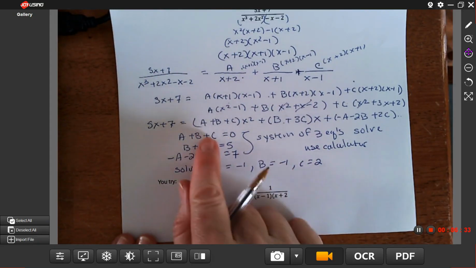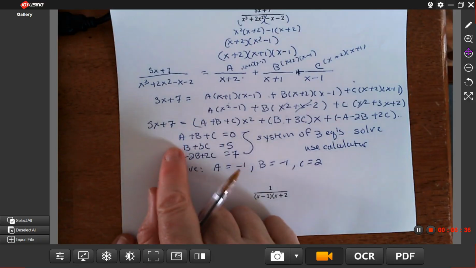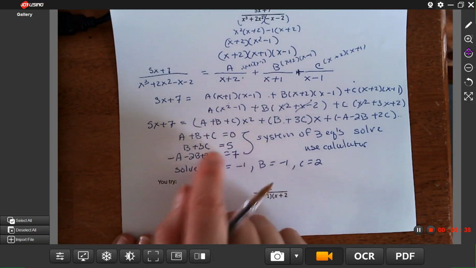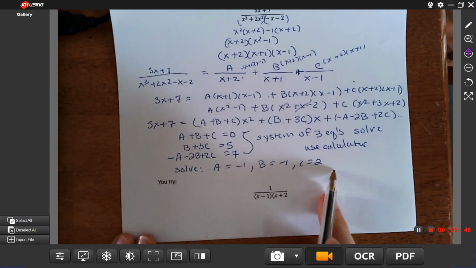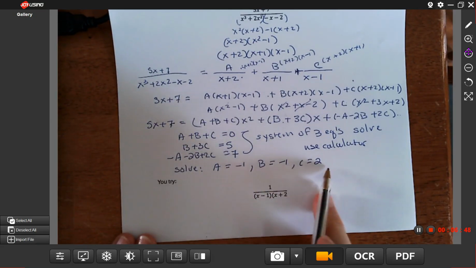Again, we did that in the calculator. We solved this system by putting that augmented matrix that represents the coefficients of those equations into the calculator, doing RREF for reduced row echelon form, and reading off the solutions in the last column. So that's the solutions to that system.